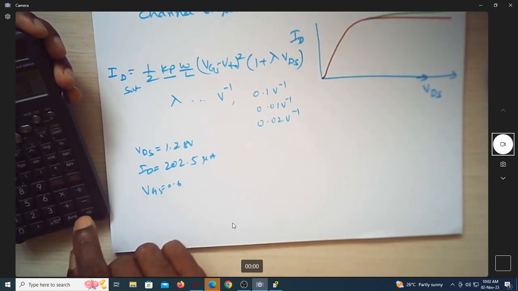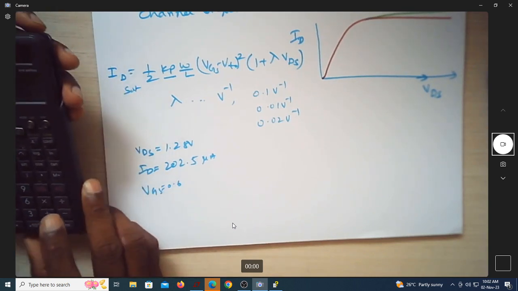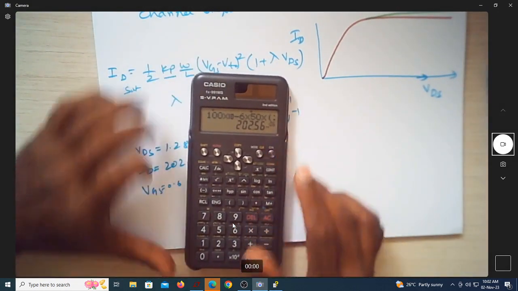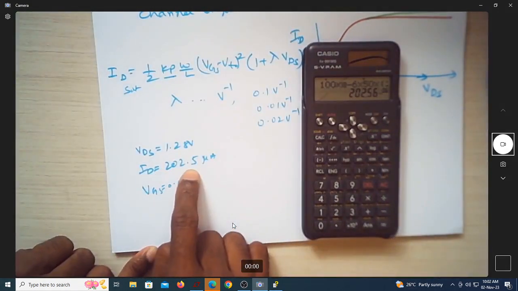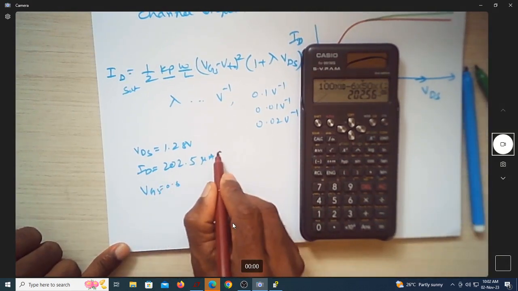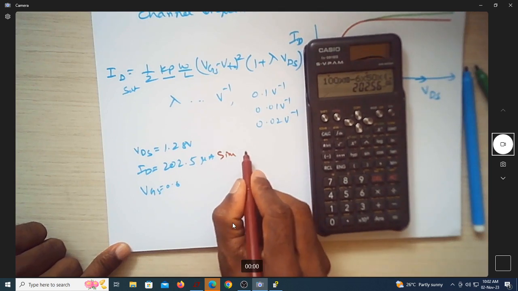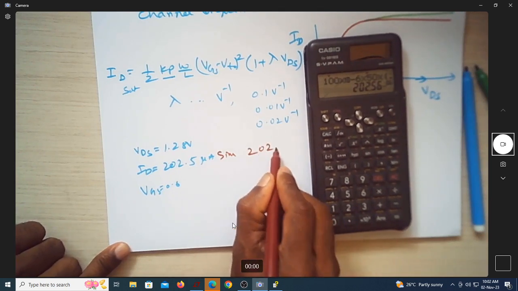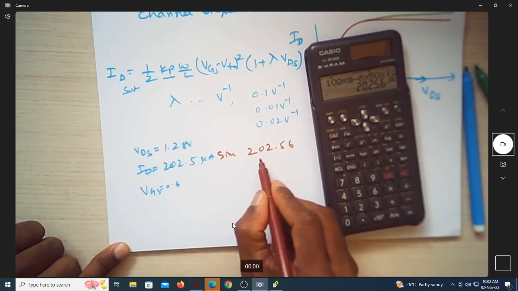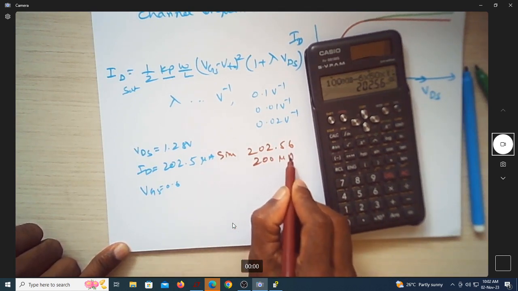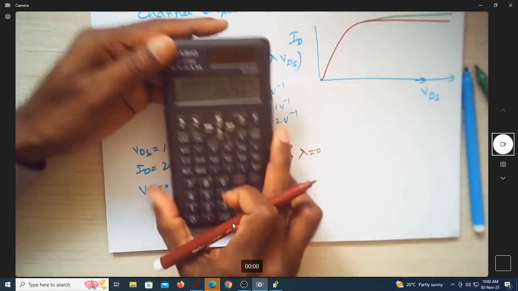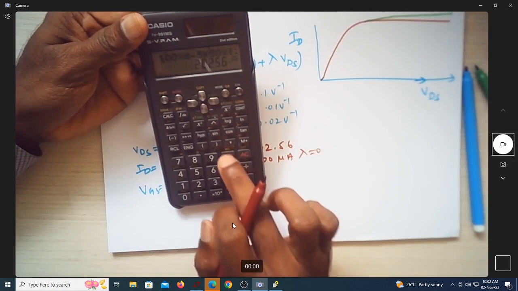Close the parenthesis and then equals. Can you see the current is 202.56, which is 202.5. So this is the simulation result, and we have a calculated result of 202.56. If lambda is not there, then this will become 200 microampere, if lambda is 0. Suppose I eliminate that, so what I'll do, I'll just go back here.